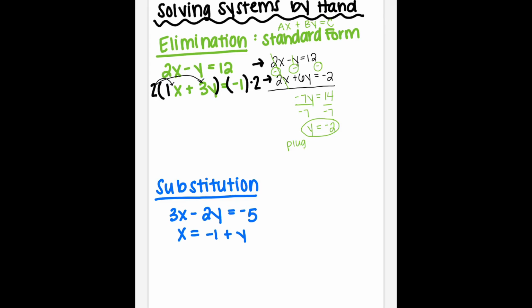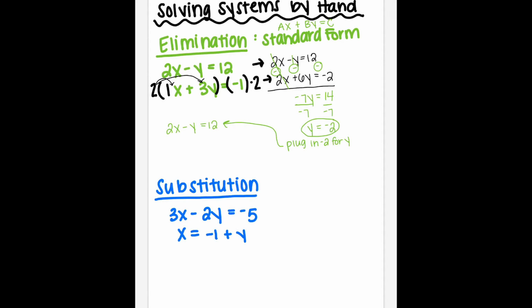So we found y, and we can plug this in. We can plug in -2 for y in one of the original equations. It doesn't matter which original equation you pick. I will just pick the first one for no good reason other than it's the first one. You could pick the second one and you should get the same answer either way.